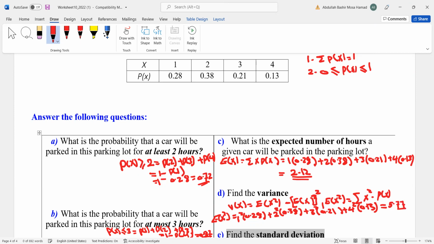We go back to the variance formula and substitute this value. The expected value of x squared, we already got it, is 5.77, minus the expected value of x, which is 2.12, all squared, and this equals 1.28 hours.